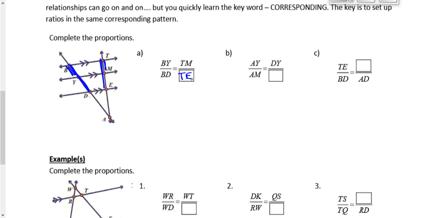All right, now over here, let me clear this out. I want to make a mess of it. AY. Where is A? A's down here. AY to AM corresponds to DY to EM. Right, to EM.